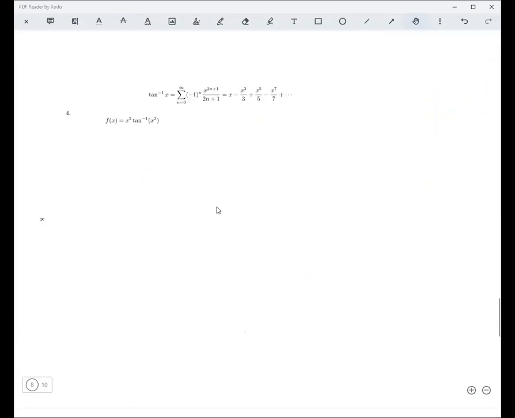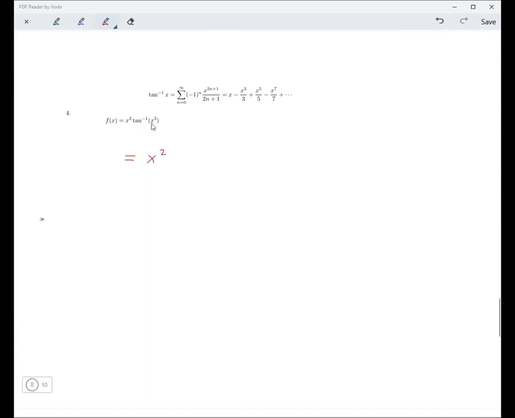And here's our function. Now recall that we did find the inverse tangent of x to give you this. So this one, you have an x squared.